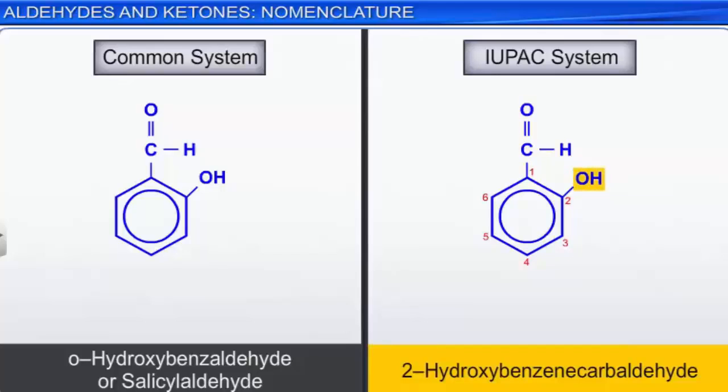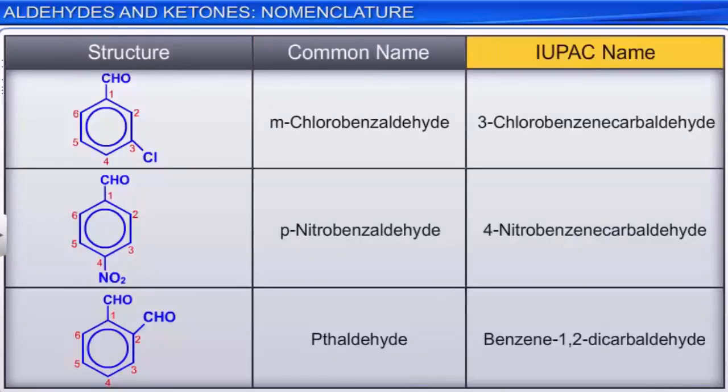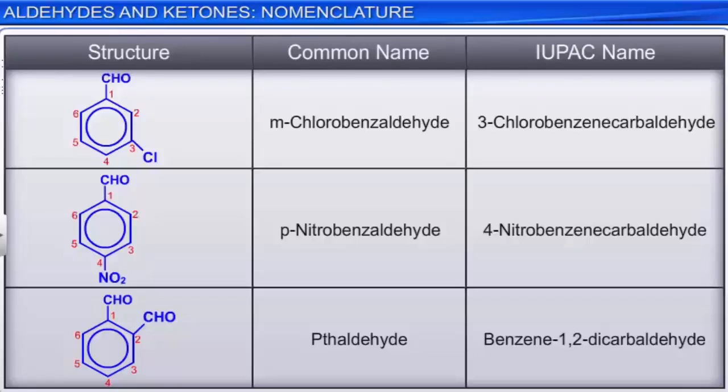Now let's look at the common names and the IUPAC names of some compounds. The common name meta-chlorobenzaldehyde is written as 3-chlorobenzenecarbaldehyde in the IUPAC system. Similarly, para-nitrobenzaldehyde is 4-nitrobenzenecarbaldehyde.